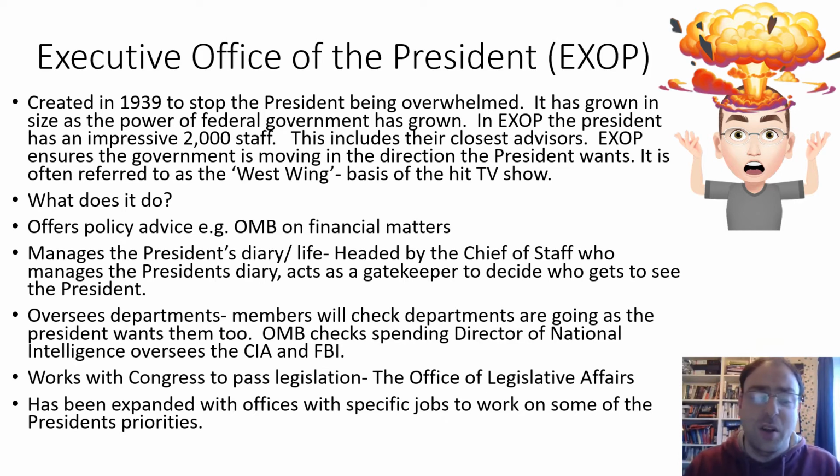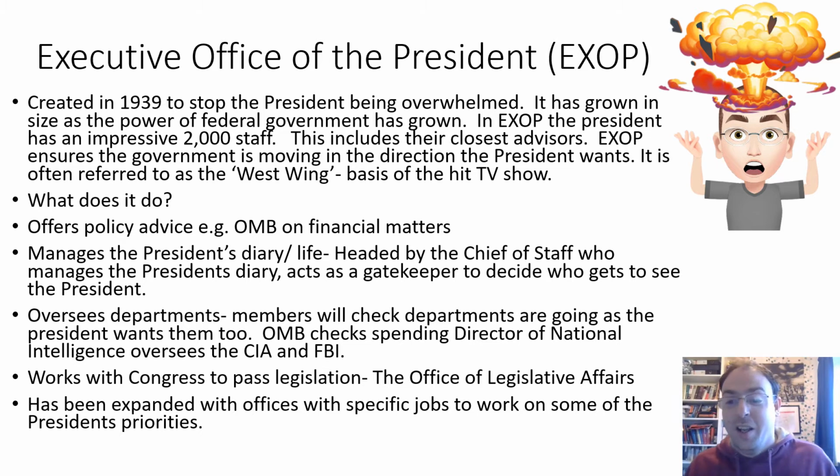It gives the president oversight of departments, as I've already mentioned. So they will have members of EXOP, teams of people whose job it is to check up on departments, make sure they are doing things as the president wants them to be done. And the OMB will go around all the departments and check on their spending. There's the Director of National Intelligence, who oversees the CIA and FBI.